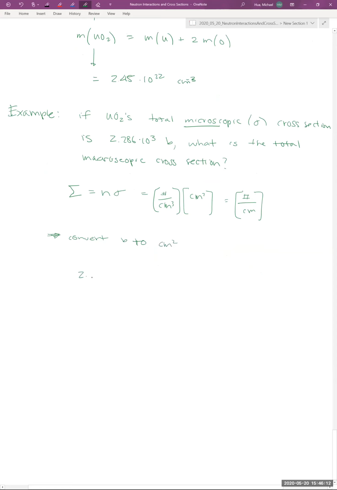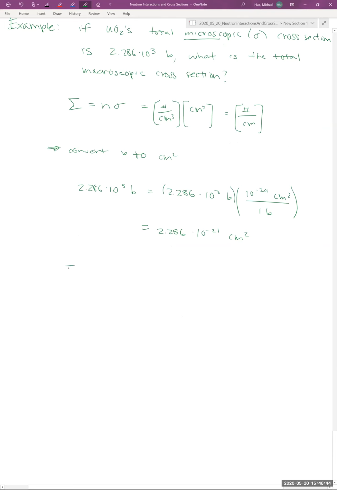So 2.286 times 10 to the 3 barns is equal to, we want to multiply by a conversion factor, which is 10 to the minus 24 centimeters squared per barn, or 2.286 times 10 to the minus 21 centimeters squared. And so our total macroscopic cross-section is going to be n times sigma.